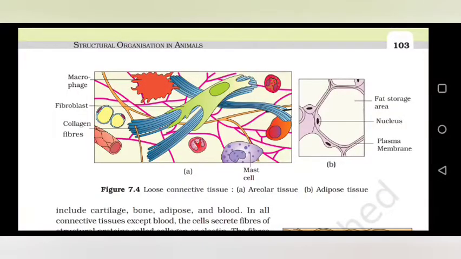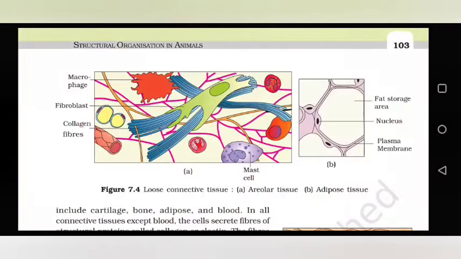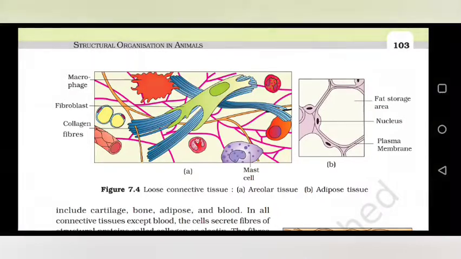The first type of connective tissues are loose connective tissues or connective tissues proper. Their matrix is very flexible. That's why they are called loose connective tissues. It is gel-like.